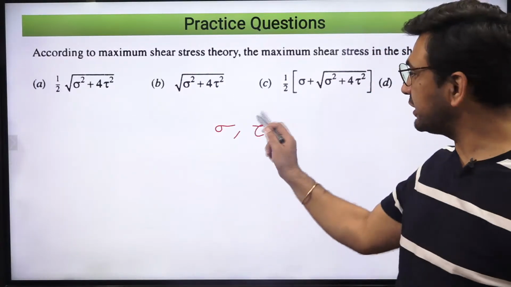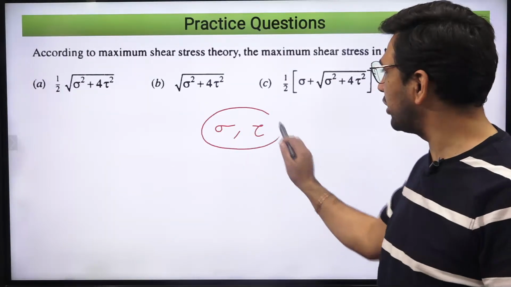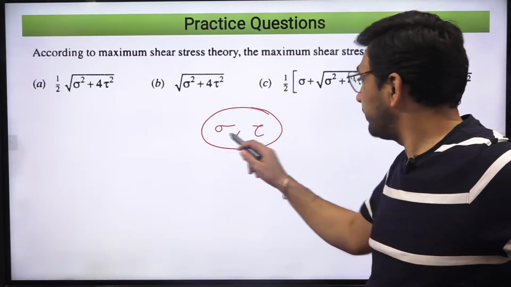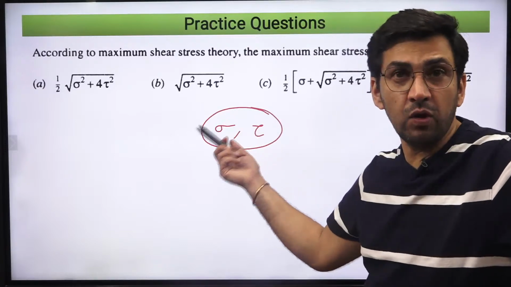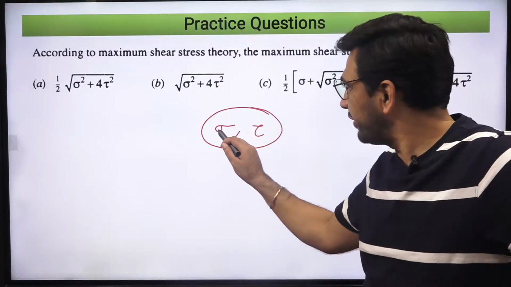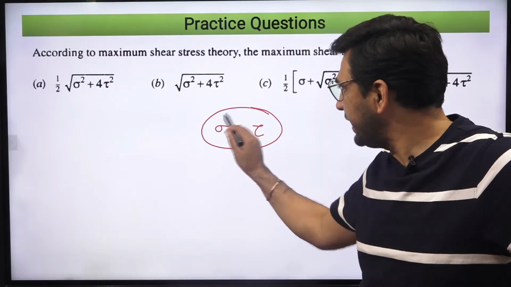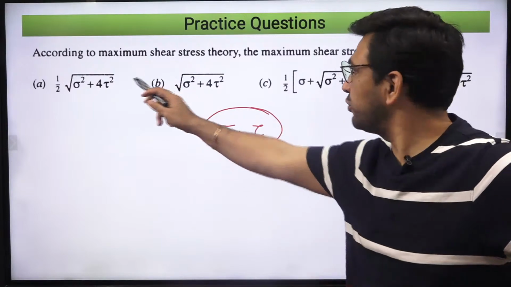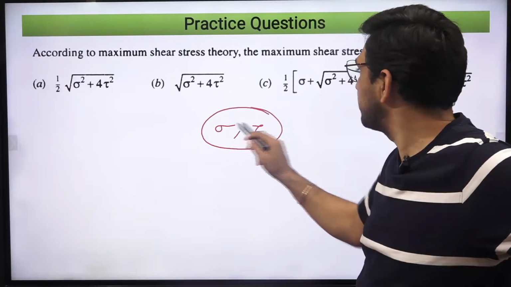It means the shaft is definitely subjected to a combination of normal stress and shear stress. The normal stress may be bending or axial, that we don't know. In any case, it is going to be a combination of either bending and shear, or axial and shear. That is why all of them have these terms sigma and tau.